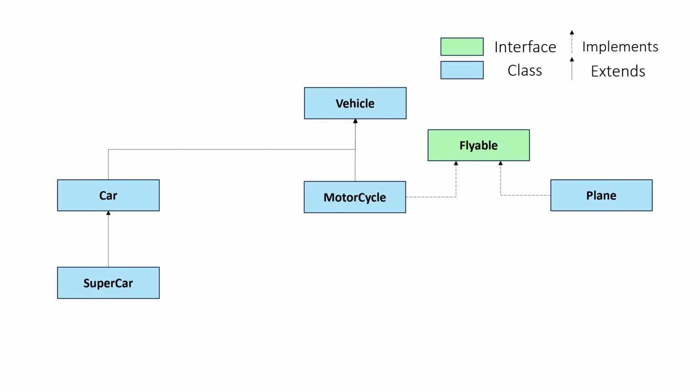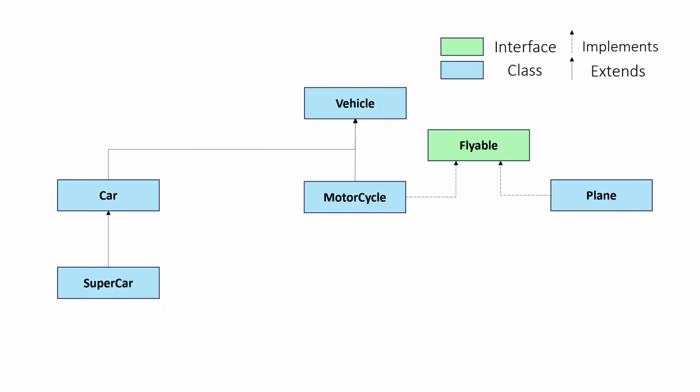Let's take this example. If I want my vehicle or motorcycle or car or supercar or plane to be able to fly, so I want it to be flyable, we could, for instance, implement a method that says I'm flying in my vehicle abstract class.